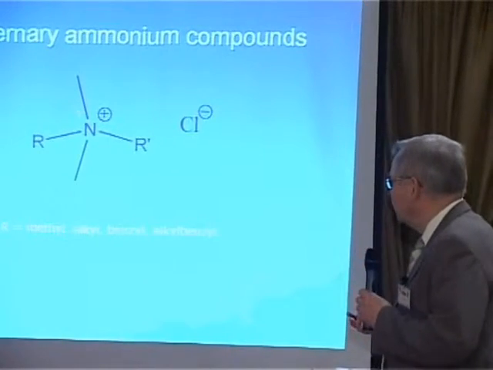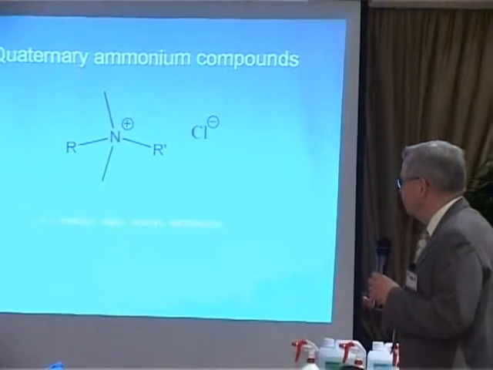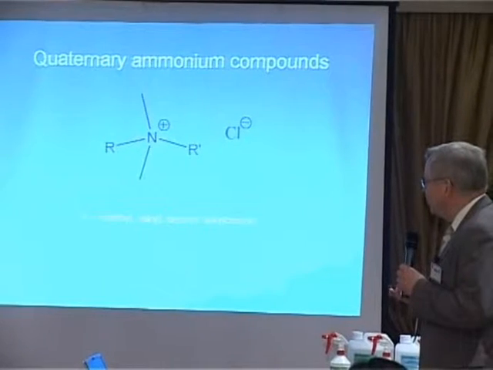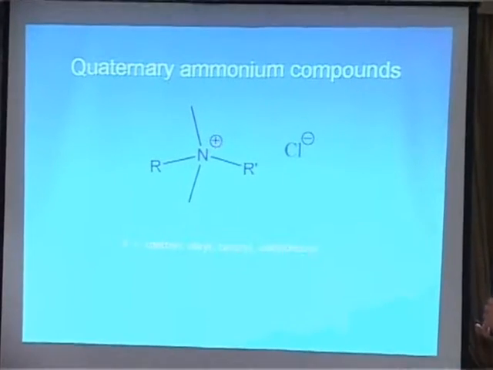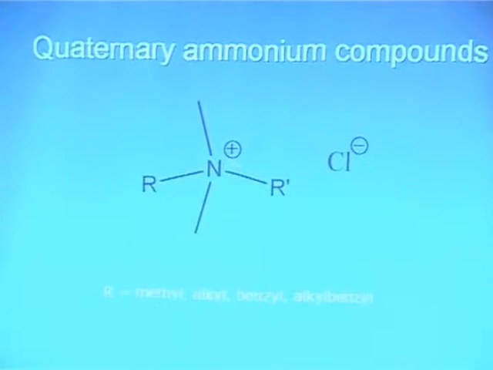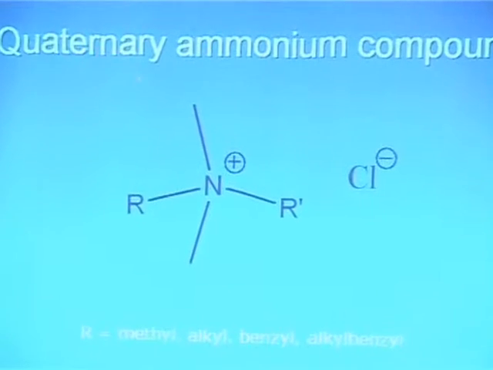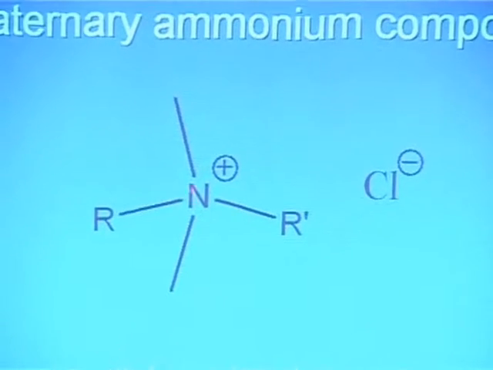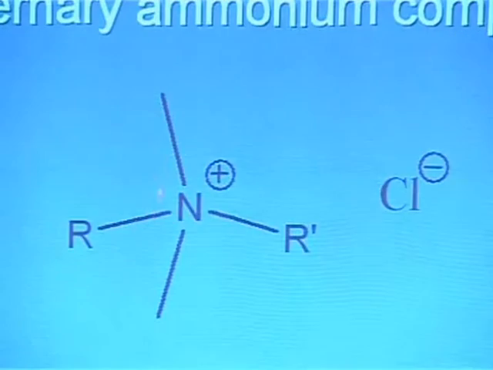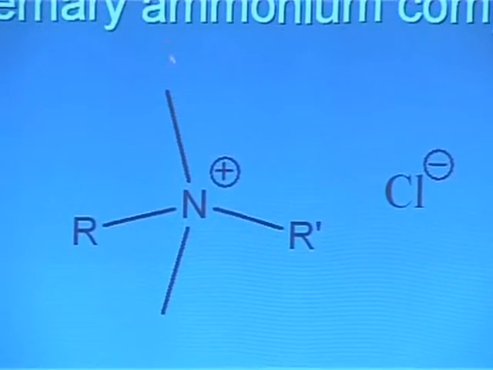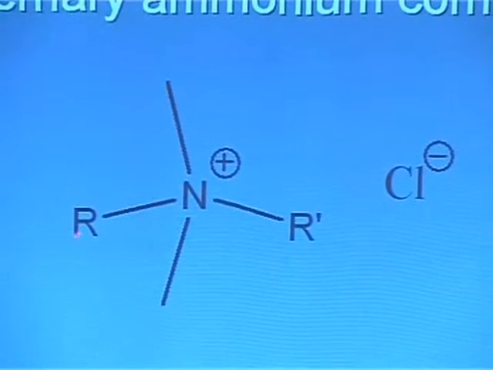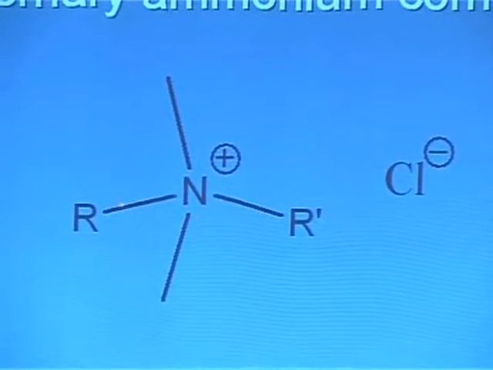The important thing about this is the quaternary. An ammonium compound would have a central nitrogen atom which carries a positive charge, hence ammonium. But with quaternary ammonium, instead of having hydrogens attached, we have alkyl groups, usually 2 methyl groups, and alkyl groups as well.